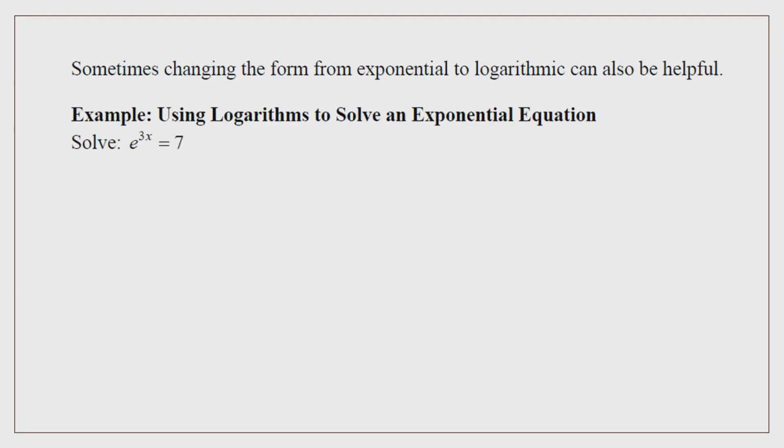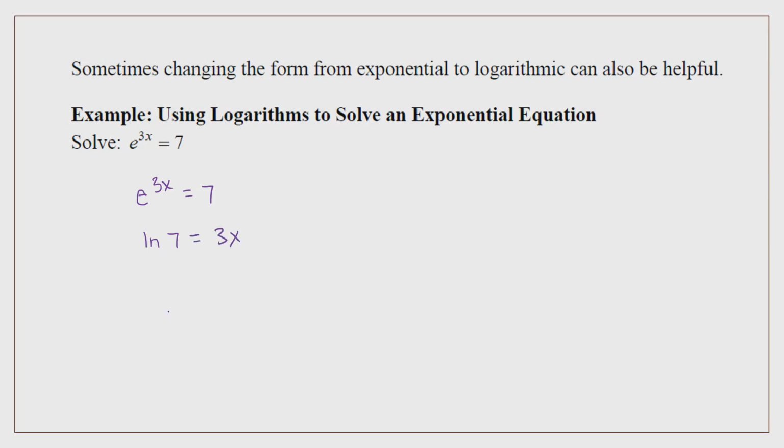Okay. So sometimes changing the form from exponential to logarithmic can also be helpful. We originally did log to exponent to find x, and so now we're going to go from exponent to log in order to help us find x. Okay. So we have e to the power 3x equals 7. So we know if we have a base e, we're working with our natural log, so we can rewrite this as the natural log of 7 equals 3x.